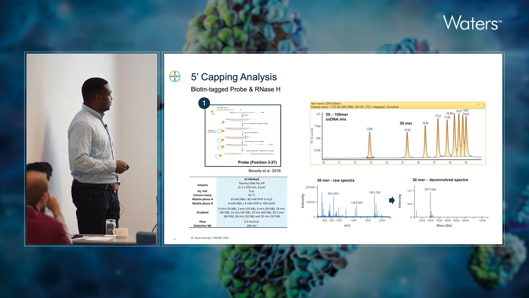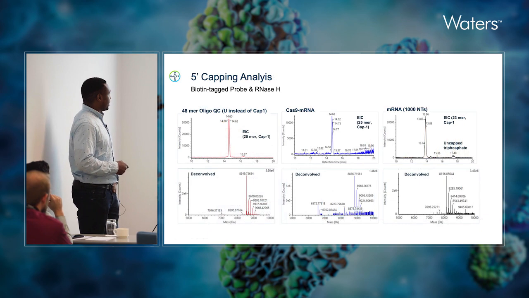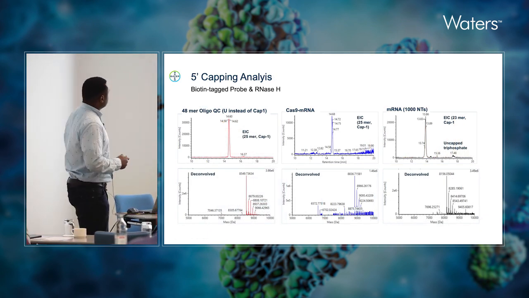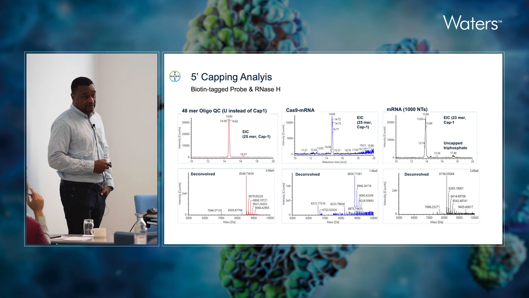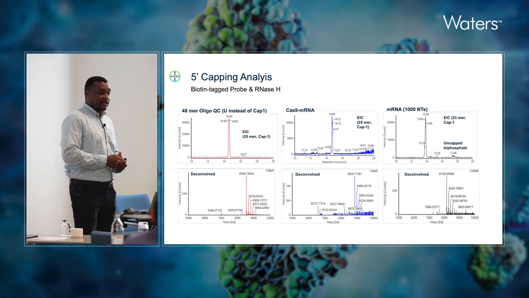The deconvolution works quite well. It's an ion pairing method using our BioAccord system. So the deconvolution is okay. So for the sample preparation, we also had a 40-48 oligomer synthesized, which has the same sequence as our mRNA.